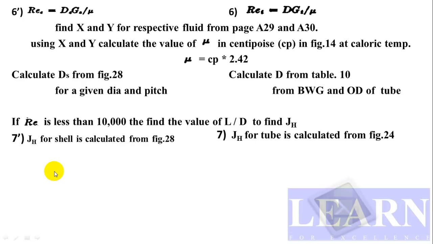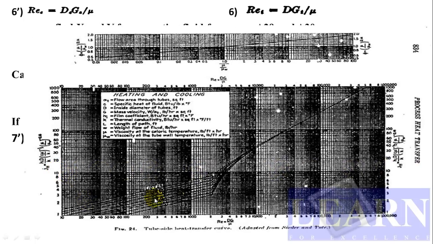Now look here, majority of the times the Reynolds number will be more than 10,000 for the shell side. Sometimes it will be less than 10,000 for the tube side, but for the shell side it will be more than 10,000. If the Reynolds number is less than 10,000, we need to find the L by D ratio, and with that we find JH. Why do we need to find the L by D ratio?